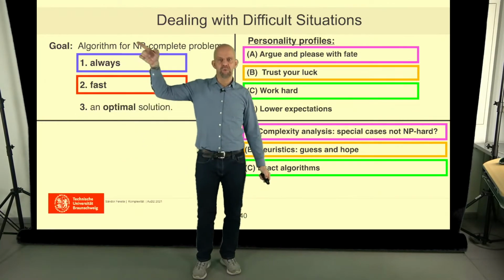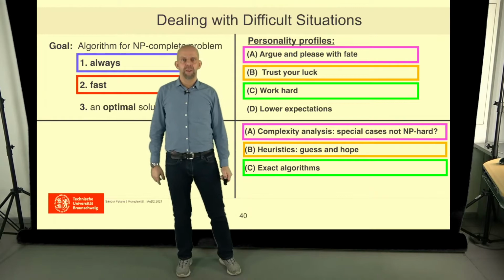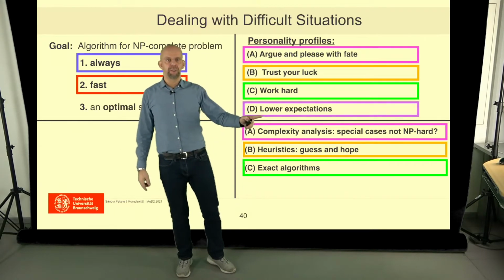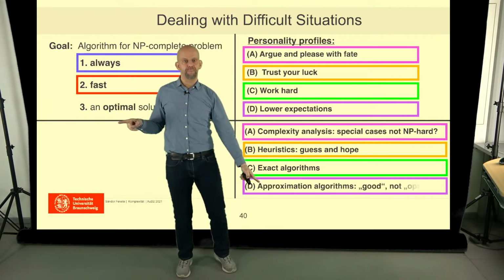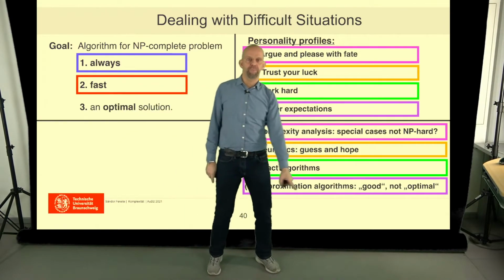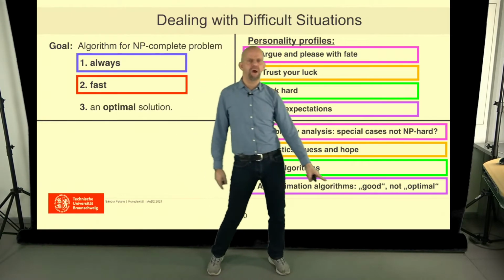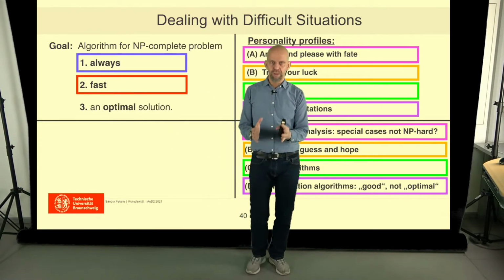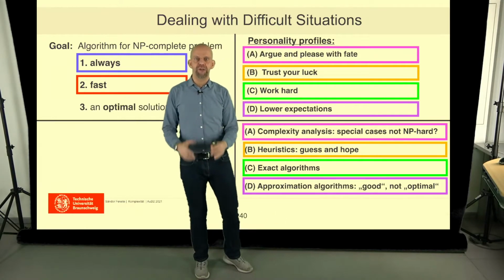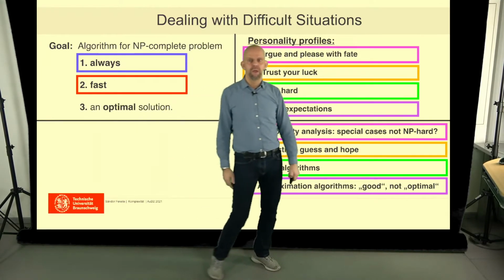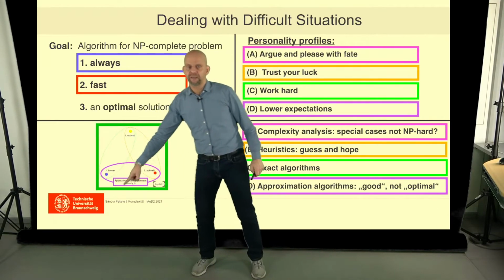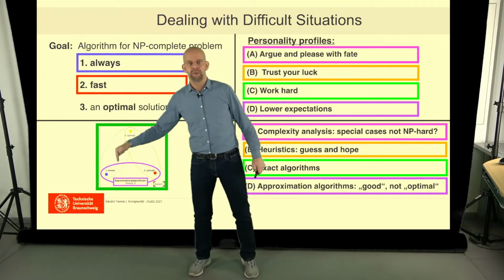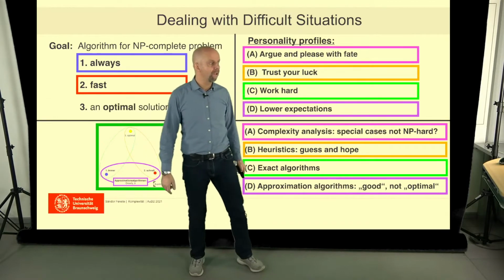And of course, there's this way of always fast, but maybe not optimal. That's the purple option. We'll lower the expectation, maybe not optimal, but maybe good. So there's what's called an approximation algorithm, not optimal necessarily, but good within a guaranteed constant of the optimum. So that would be this part of that landscape here, these two.